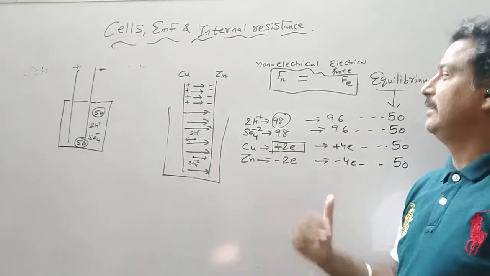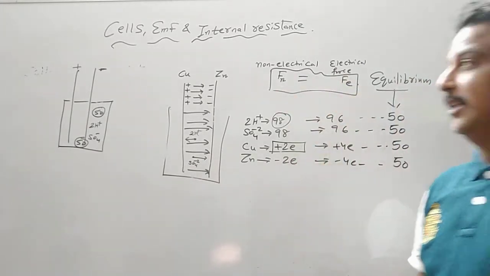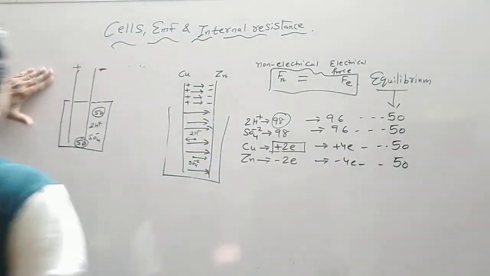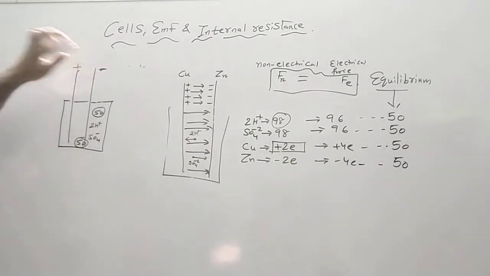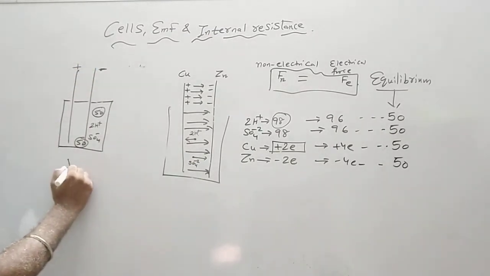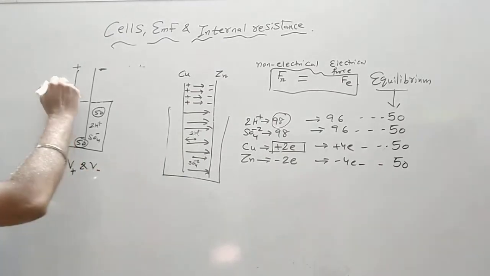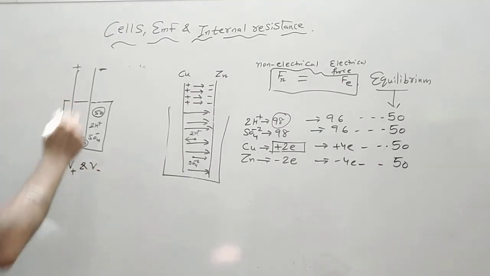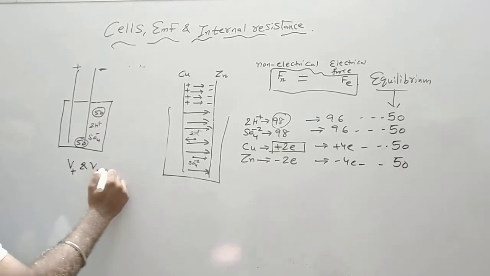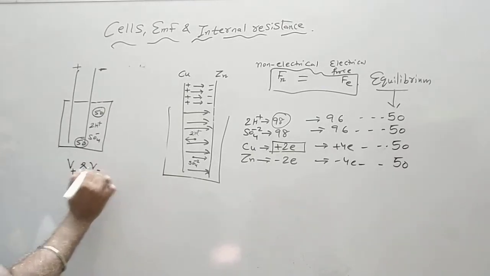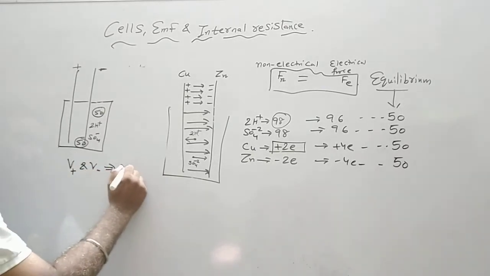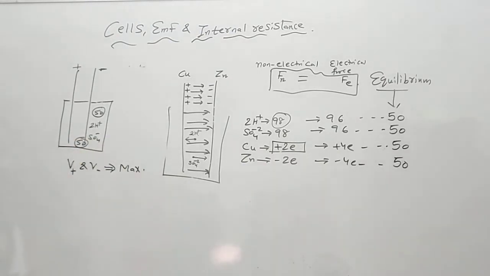So when we bring a cell, Fn is equal to Fe, and the potential difference between these two electrodes, say V plus and V minus, is maximum.